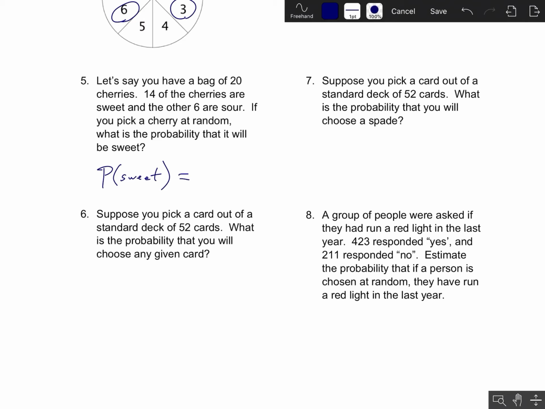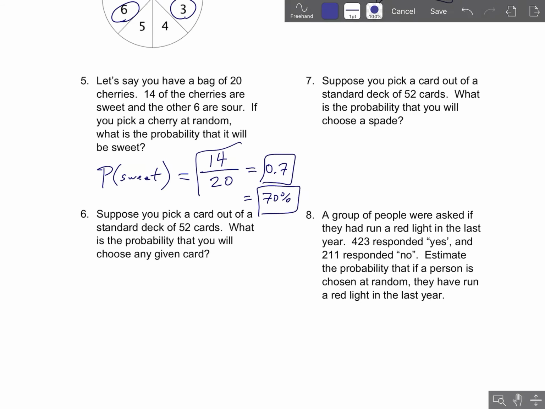So there are 20 possible in total, but I'm only happy with 14 of those outcomes. So the number of outcomes that I'm happy with would be 14 divided by the total number of outcomes, which would reduce to 0.7 or a 70% if you like. So any of these answers would be fine.